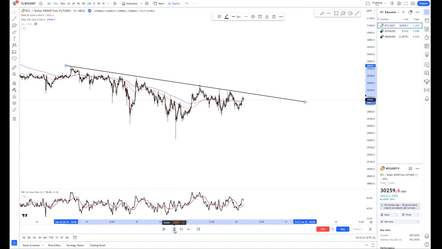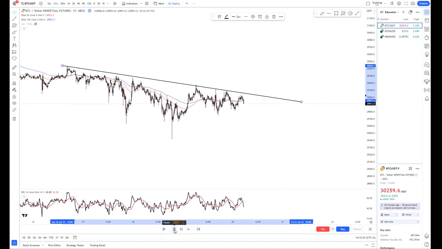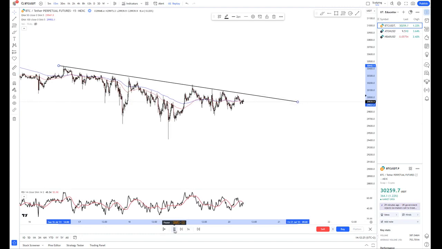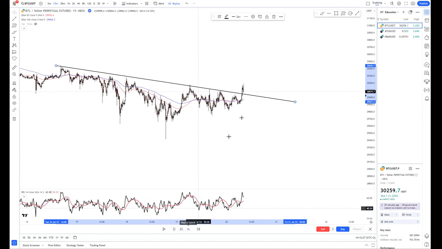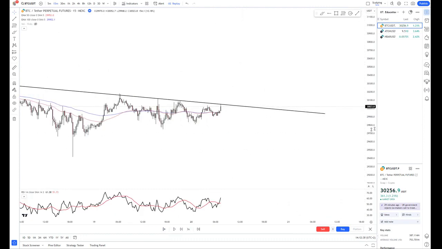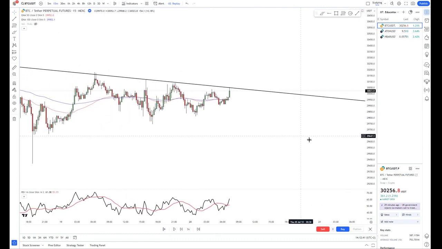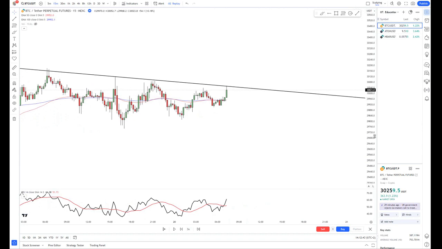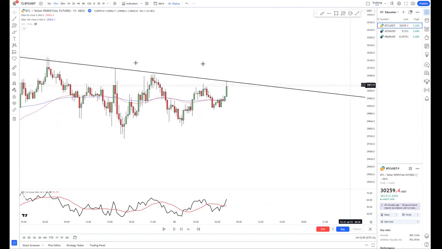So you will be waiting until you get a notification or you're watching the chart, and you will be looking for that breakout. Let's get a little bit back. Right. Okay. Now let me zoom in a bit for you guys. So this is the trend line we're talking about, and here you will get a notification because you see that it has touched or a little bit above, but then went below.